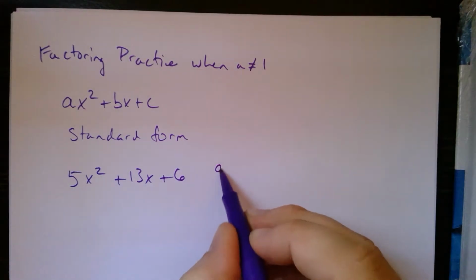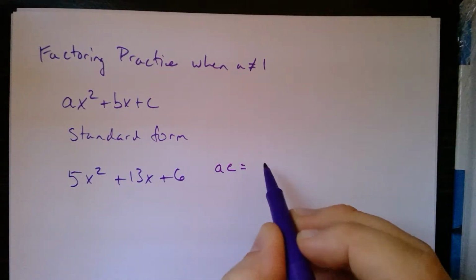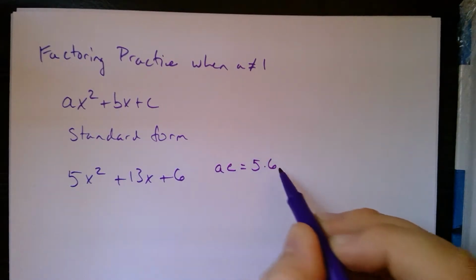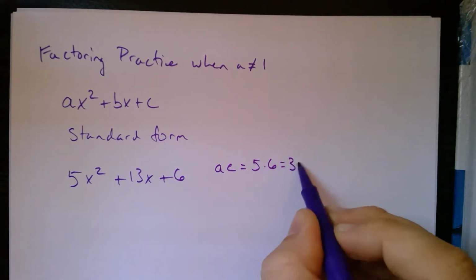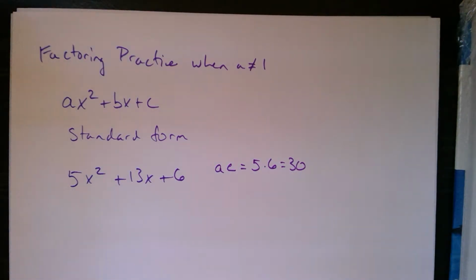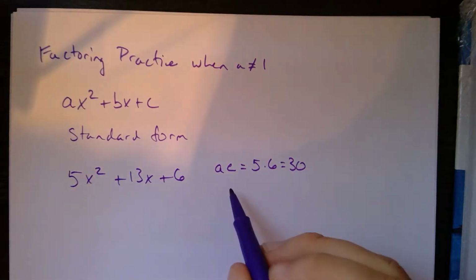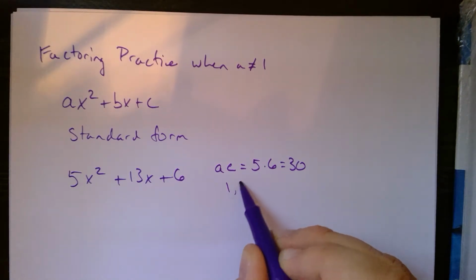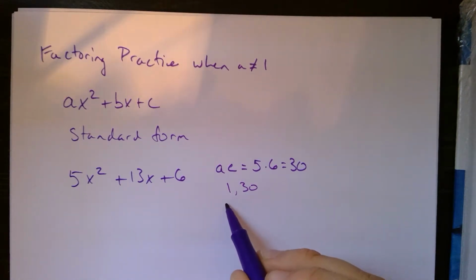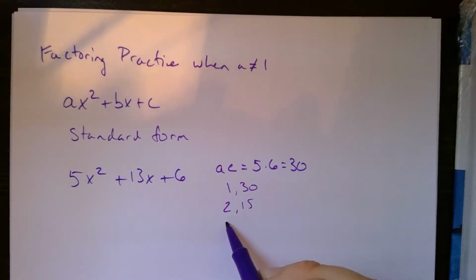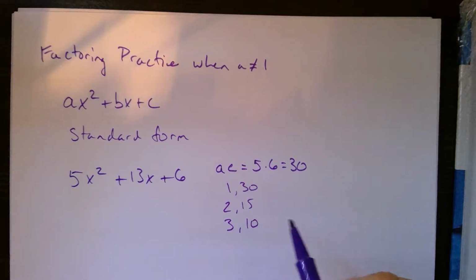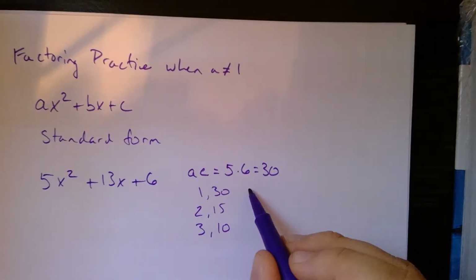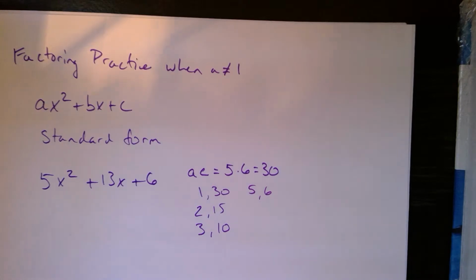So we're going to have AC, and that equals 5 times 6, which equals 30. So we want to look at our factor pairs of 30. So our factor pairs of 30 are going to be 1 and 30, 2 and 15, 3 and 10, and then 5 and 6.